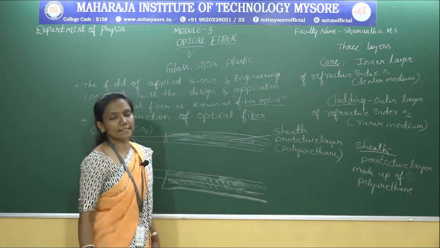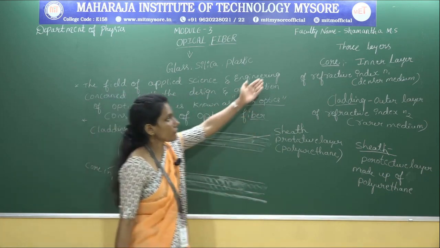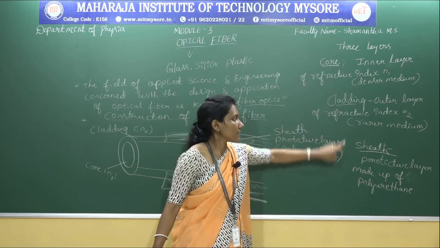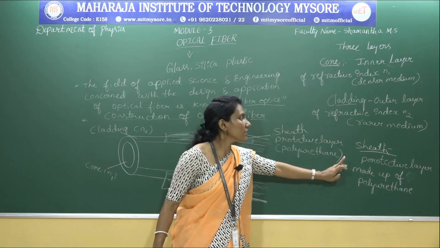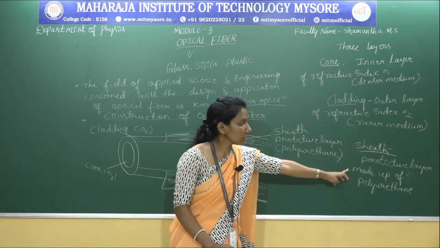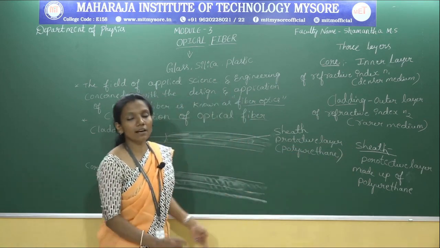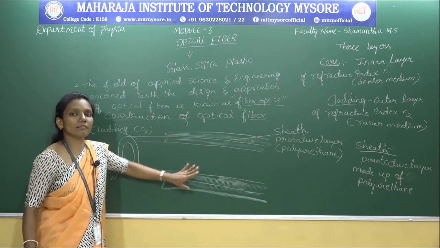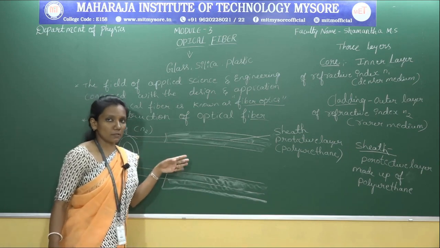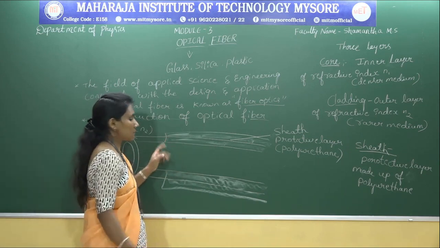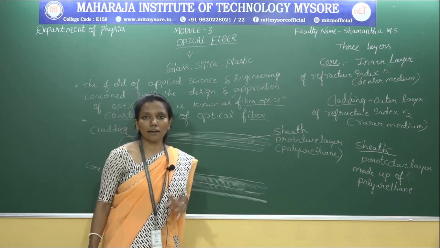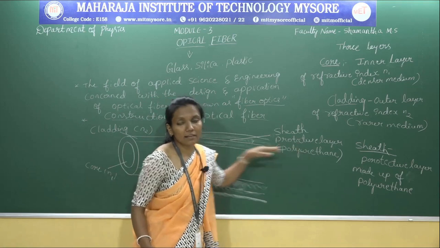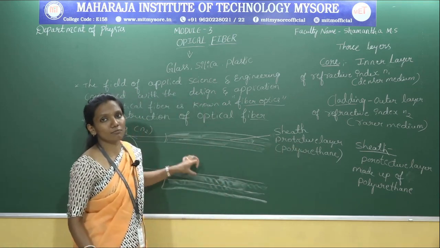So it mainly consists of 3 layers. Inside is the core, the outer layer is the cladding, and that cladding is covered with the sheath, the protective layer. It is made up of a chemical, polyurethane. This protective layer covers the optical fiber from outside elements, maybe rain, thunder, lightning. So polyurethane protects the optical fiber.